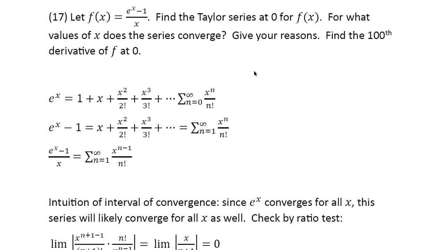What's the interval of convergence? That's what this is basically asking: for what values of x does this series converge? If we have some basic intuition, remember the radius of convergence of e to the x was infinite, so it converges from minus infinity to infinity.